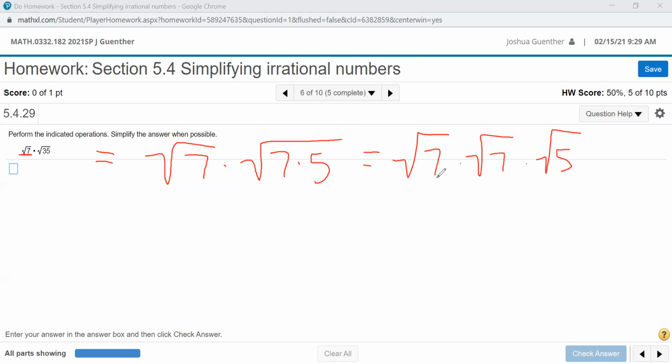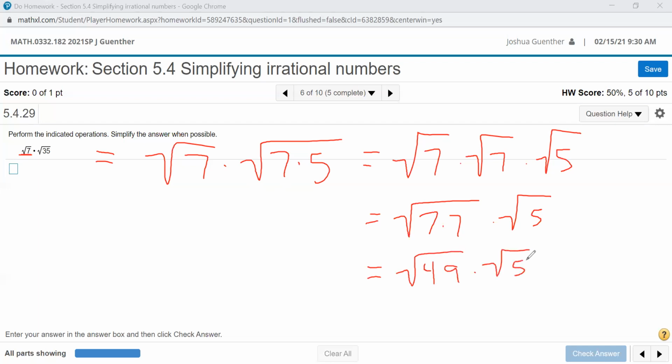And ooh, look, I see a pair of square roots of 7s out there. We can bring them into the same square root house, and you'll see why we're going to do that. Because now when I take the square root and I've got a pair, they're just going to go down to a single instance of them without the square root. So we'll rewrite that. 7 times 7 is 49. And then square root of 49 is actually something. It's 7.